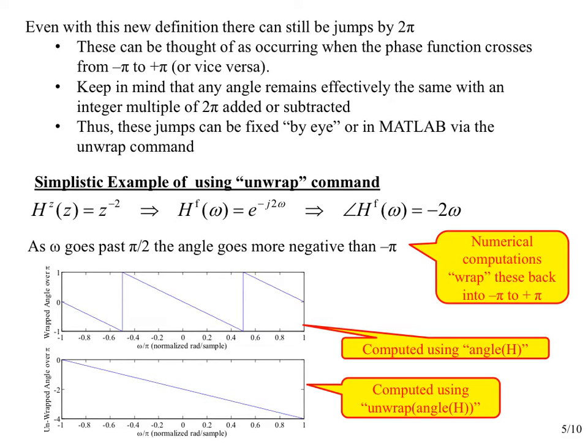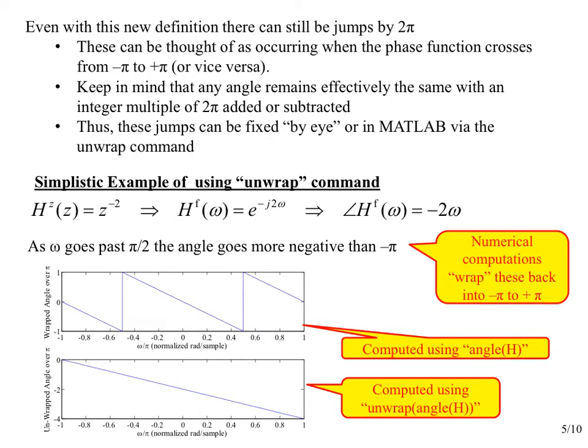So remember that any angle, if you add or subtract 2 pi to it, you're back to the same position on the complex plane, even though you've added or subtracted any number of integer multiples of 2 pi.